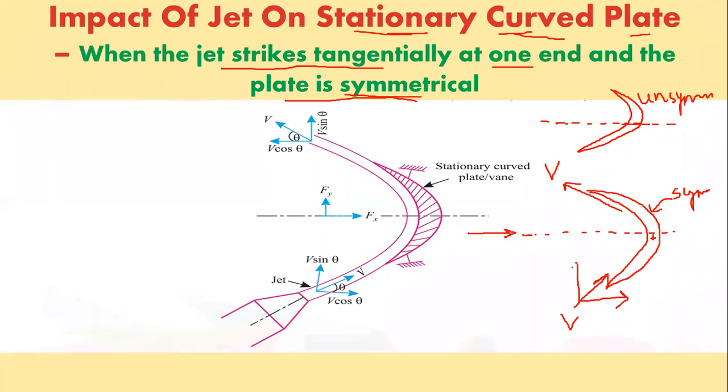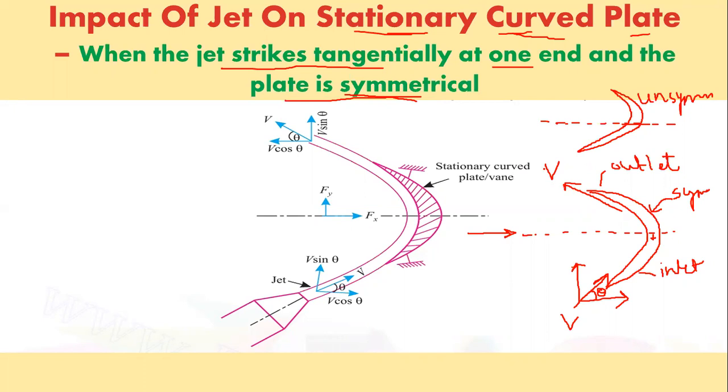So the next logical thing to do is to find the components. We will take this angle as theta. What is theta? Theta is the angle between the horizontal and the direction of the jet at the inlet. Let me call this the inlet, and this the outlet, where the water is exiting the curved plate.